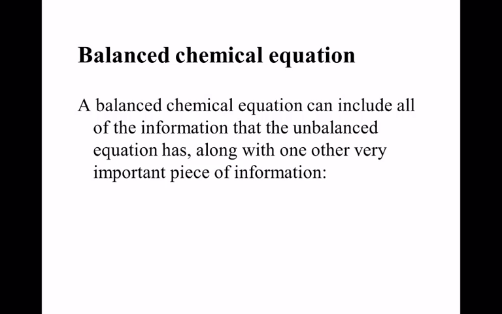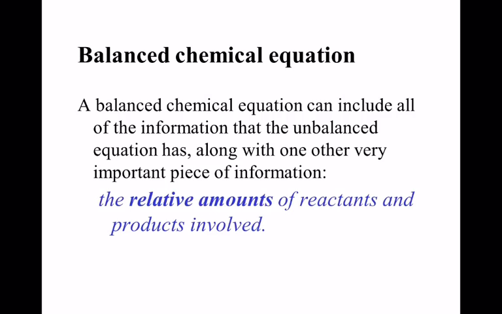Okay. So unbalanced equations representing chemical reactions give us qualitative information. They're like a bird's eye view, quality. What are the reactants and the products? What are the physical phases? Are there any special reaction conditions? Now, a balanced chemical equation gives us quantitative information.